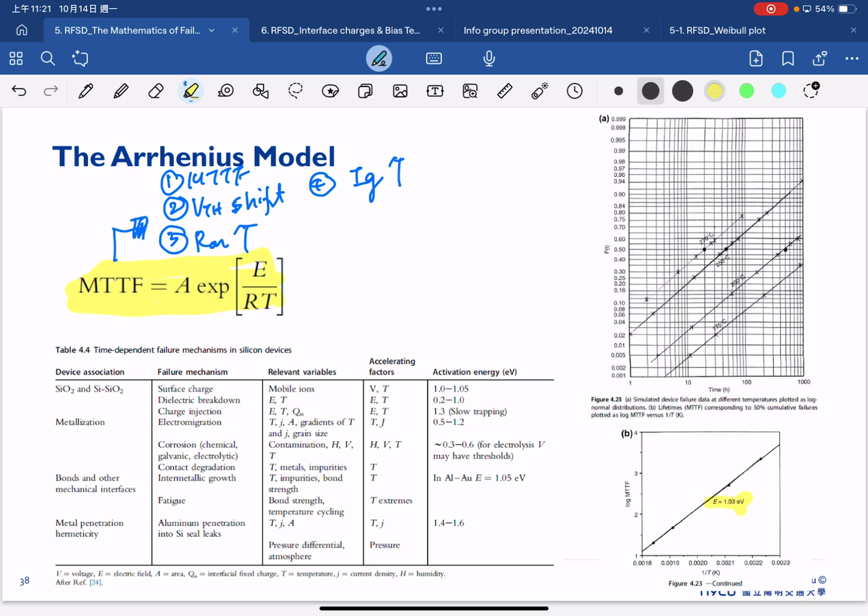Now, if we look at this table, we find that in the case of the surface charge between the silicon dioxide and silicon, this mechanism can lead to an activation energy between 1 and 1.05. Another one, dielectric breakdown, has an activation energy around 0.2 to 1.